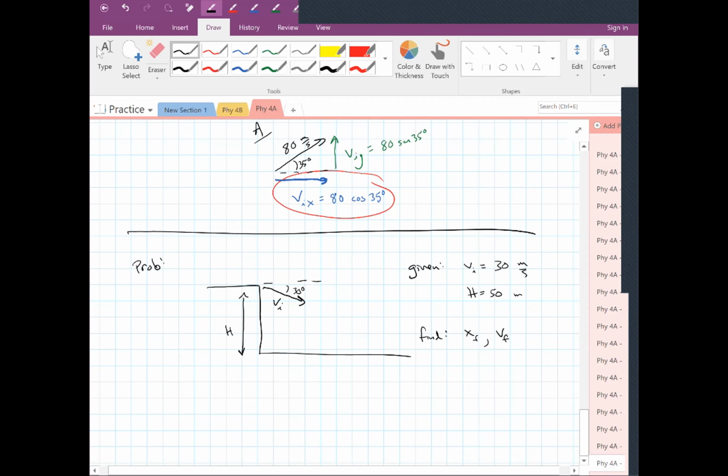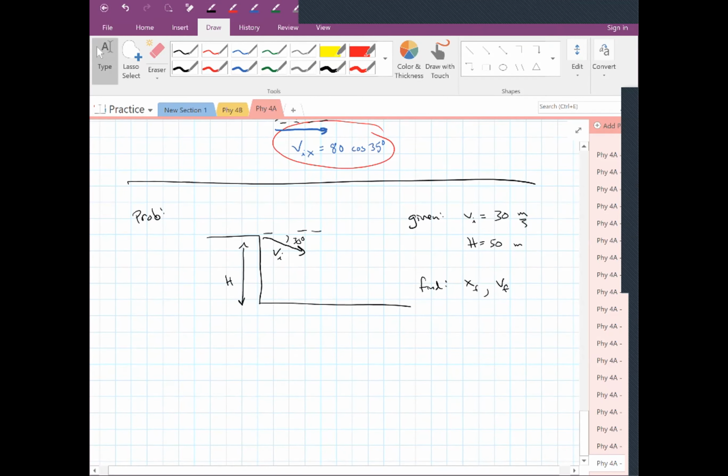Okay, so if I'm using this equation to find the time, maybe I'll put here time. If I'm using this equation to find the time, you tell me where is my origin and what's my positive direction.